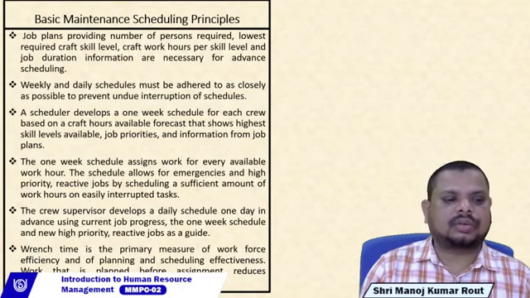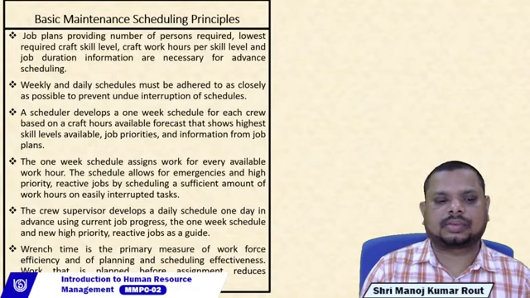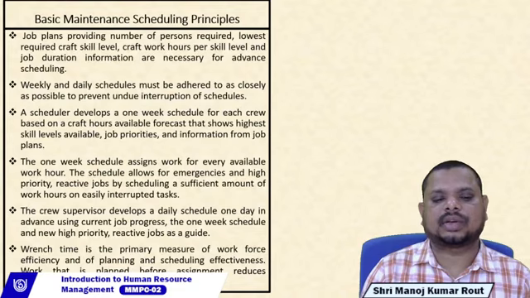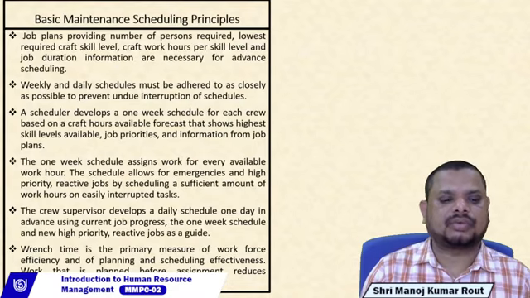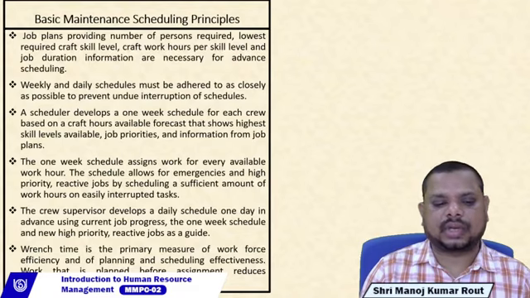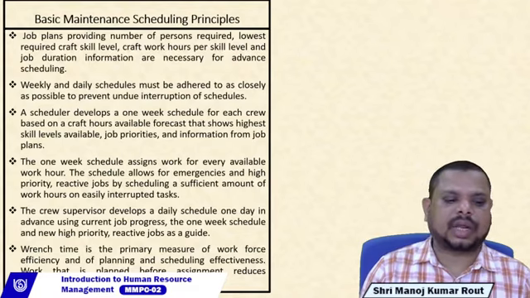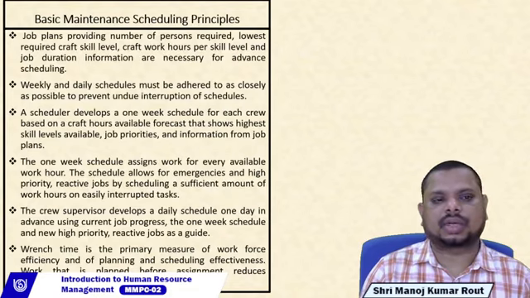The next one is that the crew supervisors develop the daily schedules 1 day in advance using current job progress and the 1 week schedules, and new high priority reactive jobs are set. And the last principle is wrench time, which is primarily a measure of workforce efficiency and of planning and scheduling effectiveness. Work that is planned before assignment reduces unnecessary delay during the job hours.